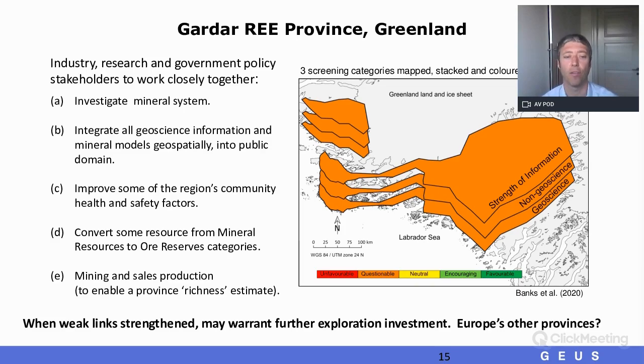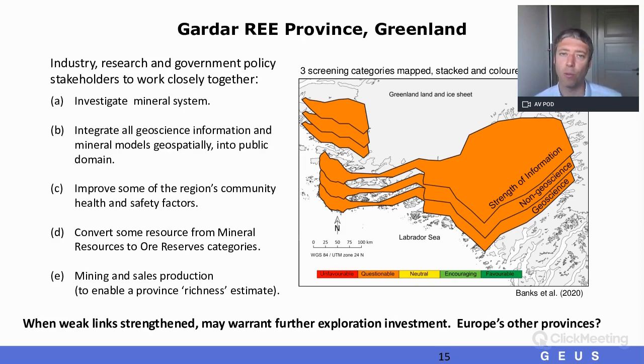Exploration companies need to convert some of those mineral resources up to ore reserves categories, and then hopefully commence mining and sales production, which hopefully will, as you can see from this stack of 3 orange layers, questionable for those 3 main categories, we can start making those more encouraging for investment. So when these weak links are strengthened, the region may therefore justify further exploration investment.